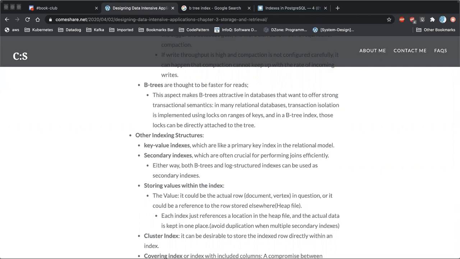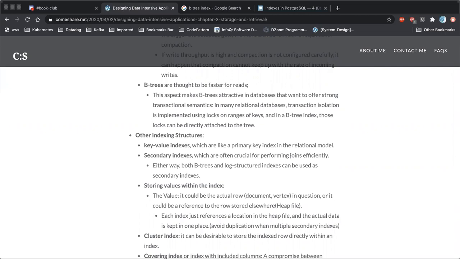We talked about it. Lower write amplification, we talked about it. Writing the same page twice to avoid ending up with partial updates. Yep, those are the points I had in my notes.